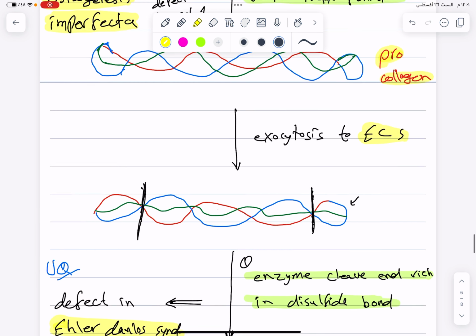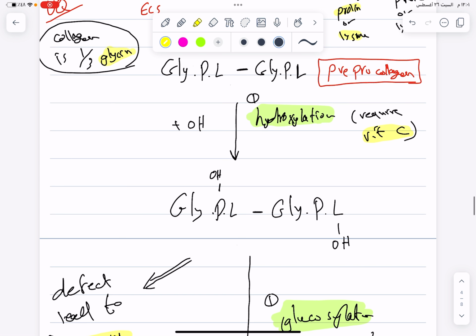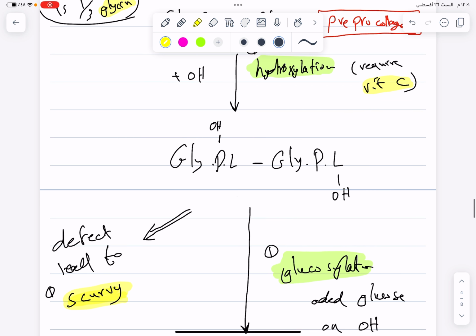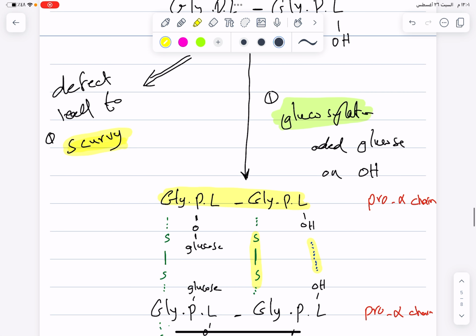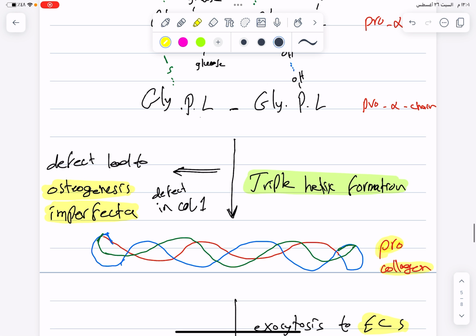So a quick recap: if we have a defect in hydroxylation, which requires vitamin C, we will have scurvy. If we have a defect in triple helix formation, we will have osteogenesis imperfecta, which is also a defect in collagen 1.